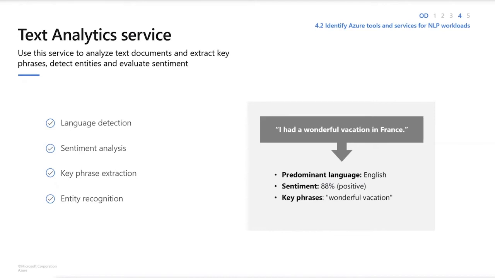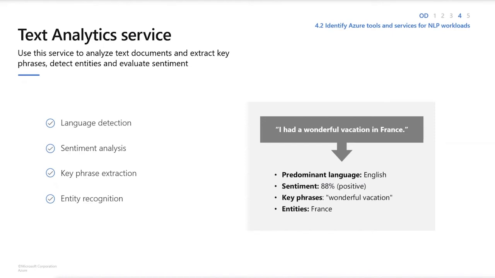From there, we have the key phrase extraction, and it's evaluating the text of a document or documents, and then it's identifying the main talking points of the document. Then with entity recognition, it's giving you a list of entities in the text that it recognizes and provides the link to more information on the web.